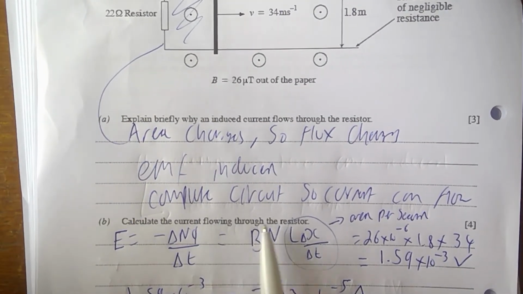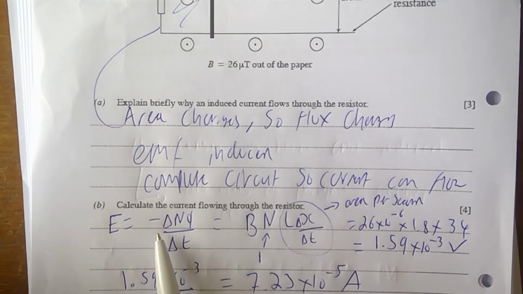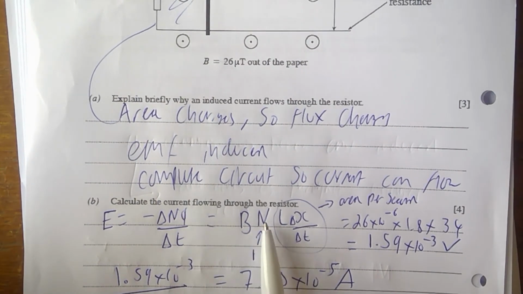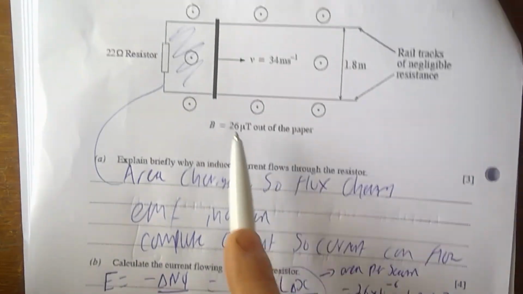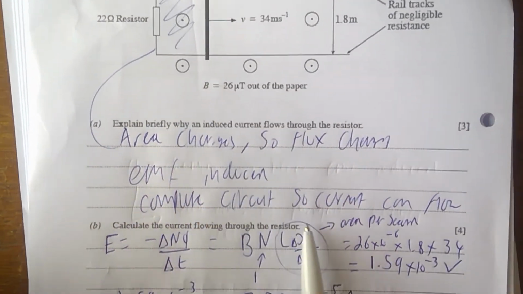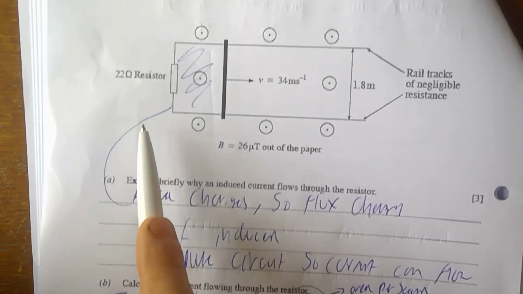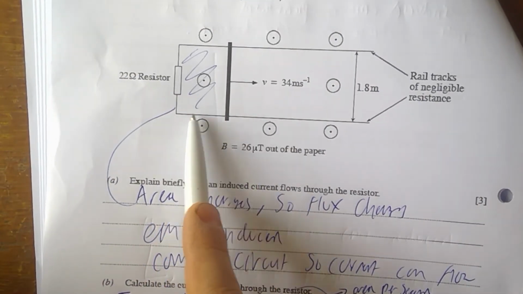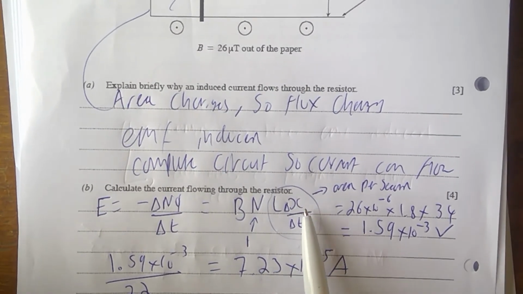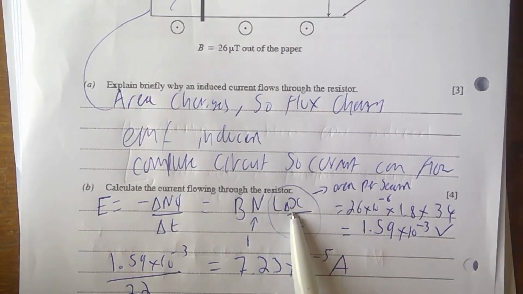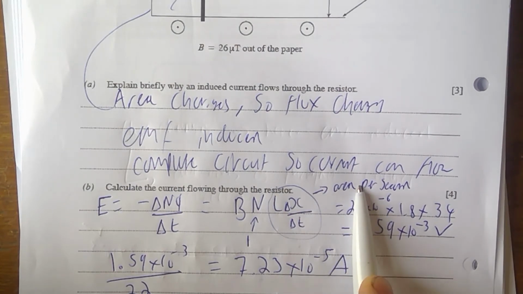Calculate the current flowing through the resistor. Well, rate of change of flux linkage, I could write that like this. B and N are constants. The length of that wire is constant. And I've just times it by delta x over delta t, the change in this length per second. Well, that bit there, L delta x over delta t, is the area per second.